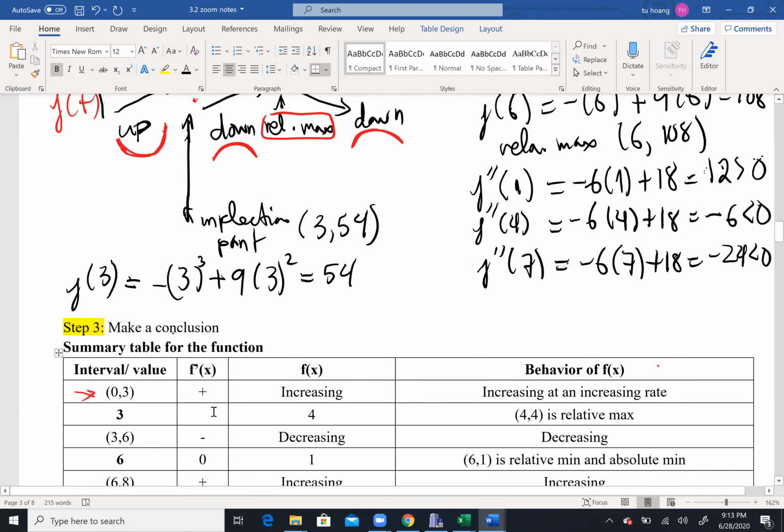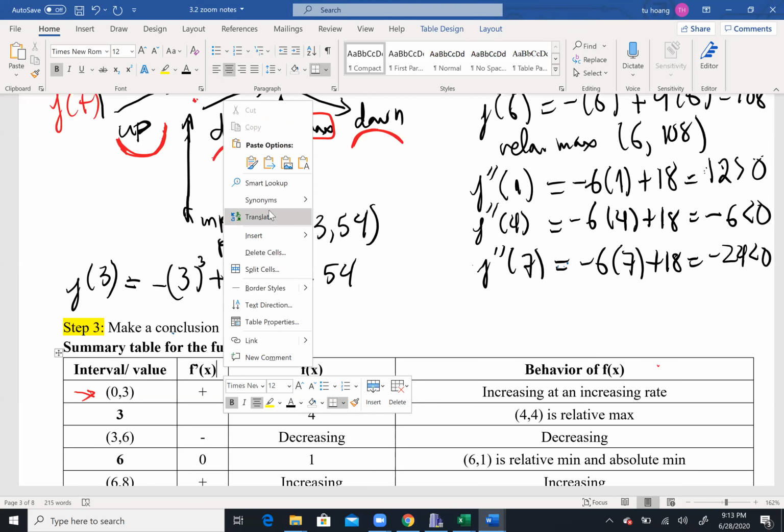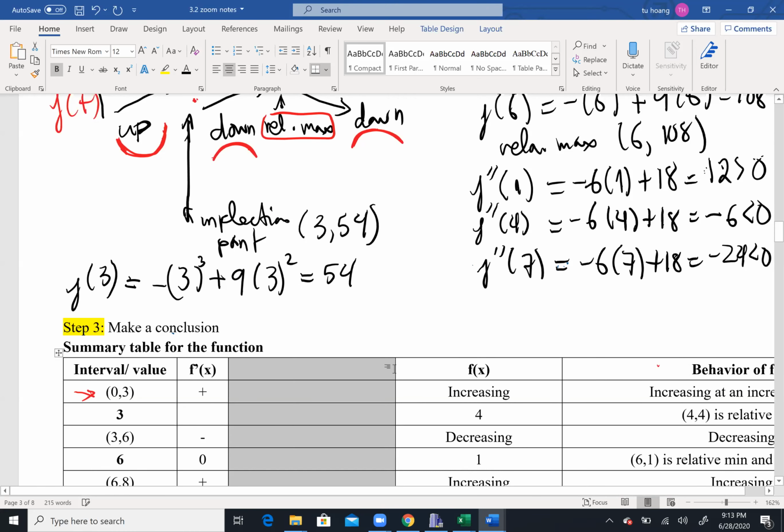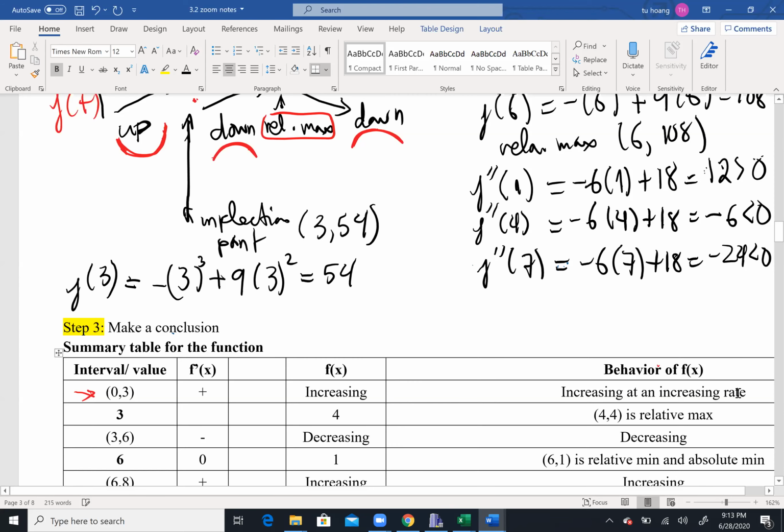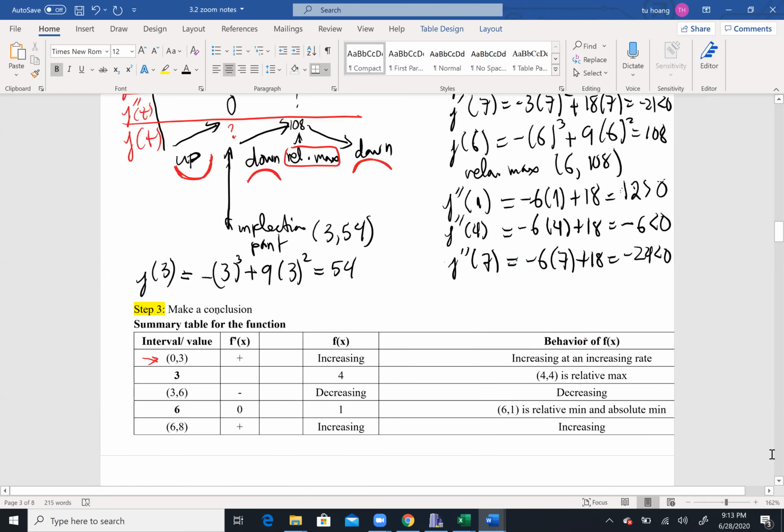Actually, do I need to, let me see. I need to have one more column. So to the right, and make this one smaller.